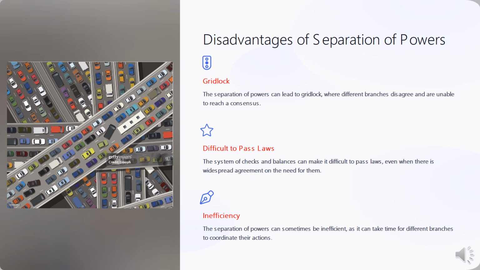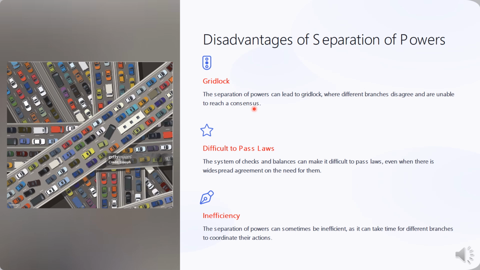Disadvantages of separation of powers. The separation of powers can have several disadvantages: gridlock, inefficiency, and difficulty passing laws. It can lead to gridlock, where different branches disagree and are unable to reach a consensus.